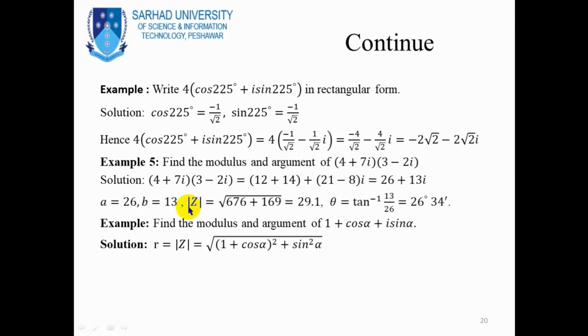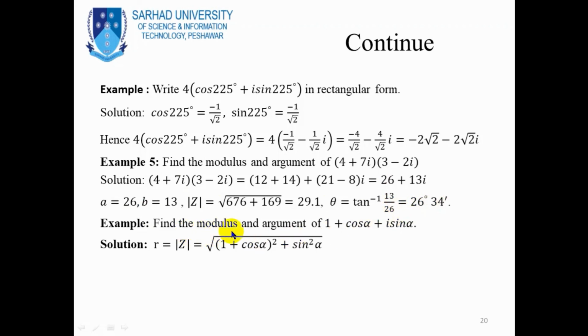So first of all, the modulus, the magnitude of the complex number, is the square root of the sum of the squares of the components. This is the square of 26, this is the square of 13. So square root of 676 plus 169 is equal to 29.1. And now theta is equal to tan inverse b by a. This is b and this is a. Tan inverse 13 by 26, which is equal to 26 degree and 34 minutes.